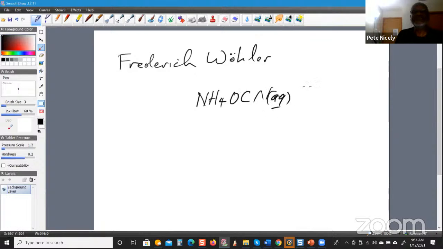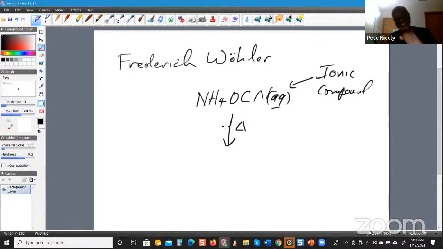So typically, and this compound is ionic, and typically in chemistry, if you have an ionic compound in an aqueous solution, then to isolate that compound, what you would do is heat it to drive the water off. And this is what he did, right? So he was expecting to get a pure sample in a solid state of ammonium cyanate. However, what happened is that this compound was transformed into this compound.